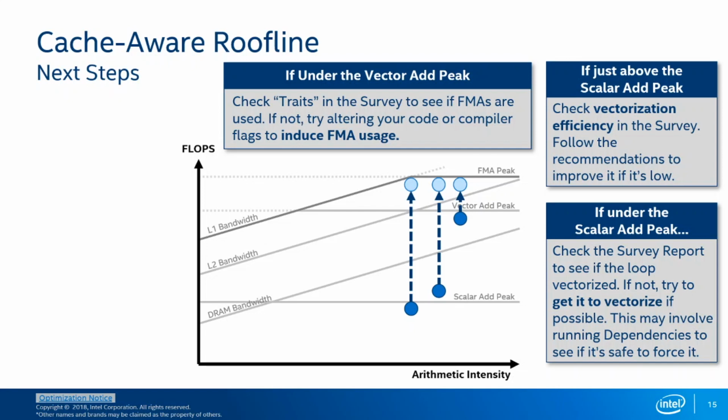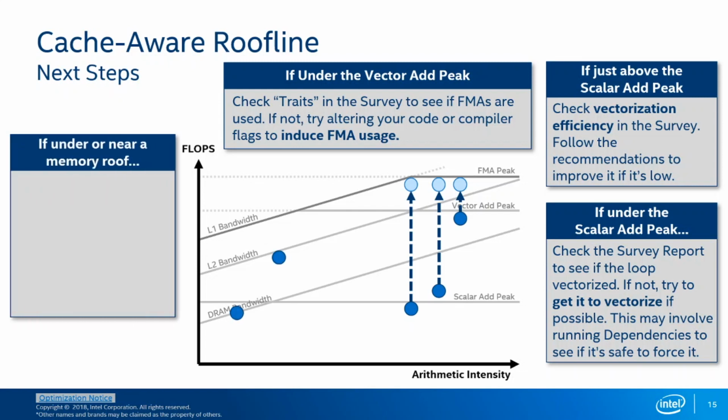So for example, if we have a lot of long latency operations like square roots, or if we have some memory issues or cache issues, all these different things can affect your performance and bring you down in the Y direction.